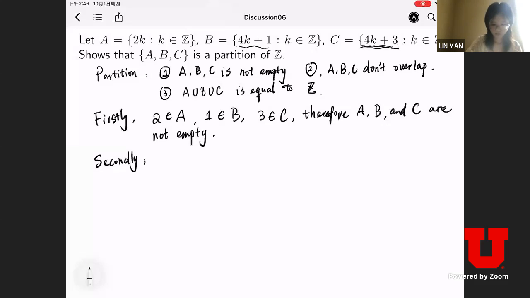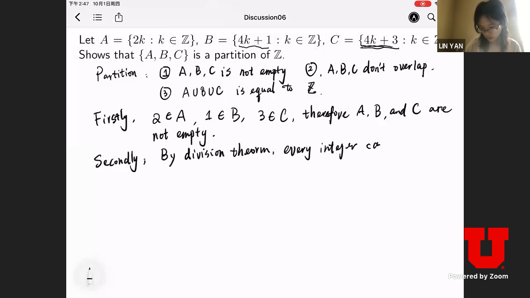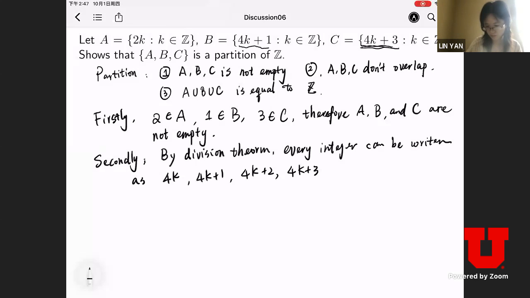So by the division theorem, every integer can be written as 4k, 4k plus 1, 4k plus 2, or 4k plus 3, where k is an integer.